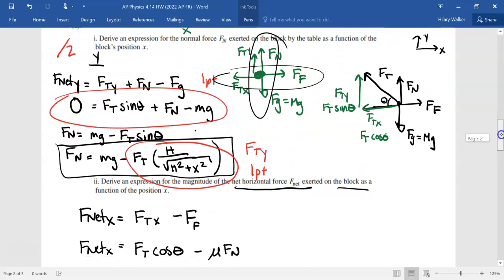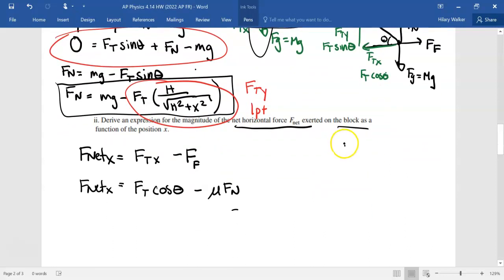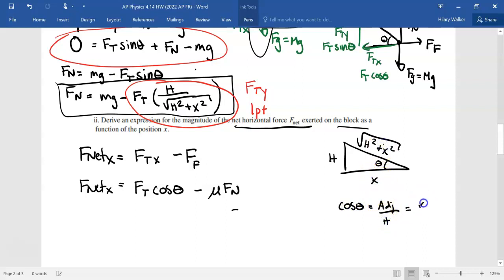So let's go ahead and go back to this triangle, again, where we know this is h, this is theta, this is x. So hypotenuse is square root of h squared plus x squared using Pythagorean theorem. So cosine of theta is going to be adjacent over hypotenuse. So that's going to be x over square root of h squared plus x squared. So we can go ahead and plug that in.